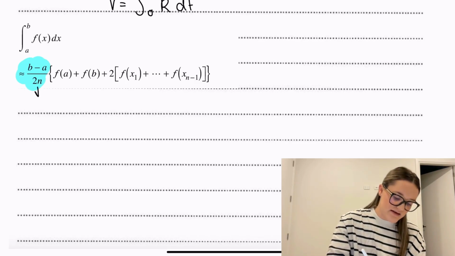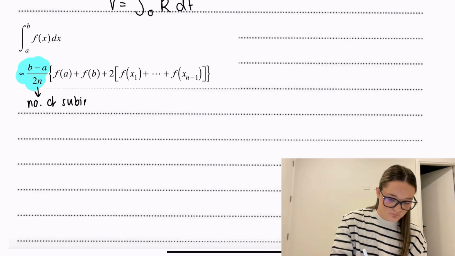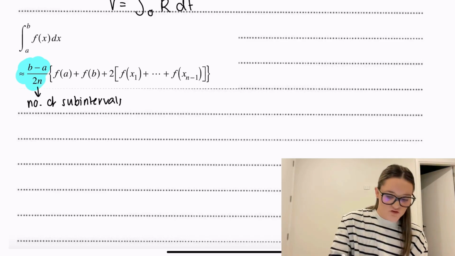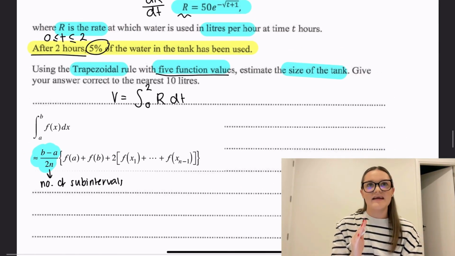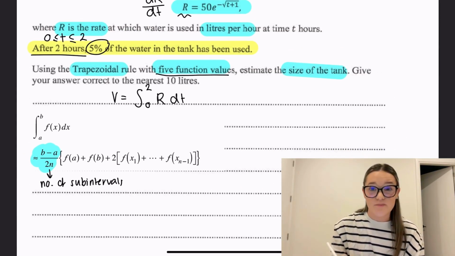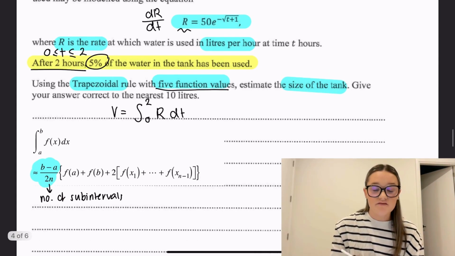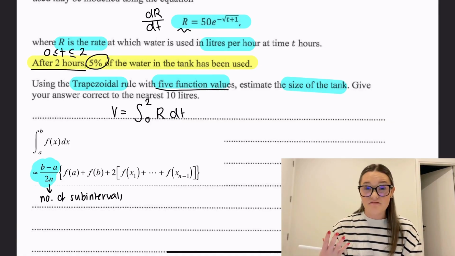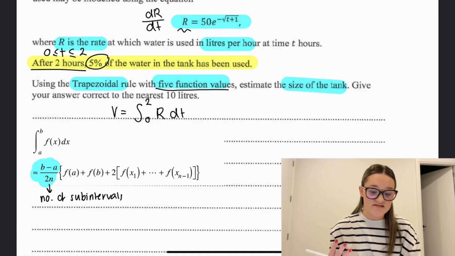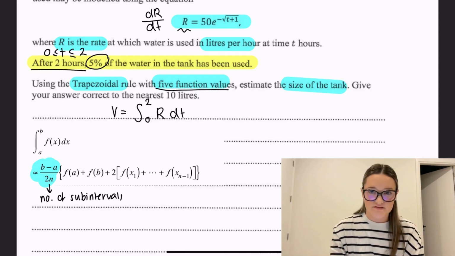Now n here is the number of sub-intervals. We can always think about it this way: the number of sub-intervals is always going to be 1 less than the number of function values that you have. So here, if I have 5 function values, I'm going to have 4 sub-intervals. So with 5 actual endpoints to my trapezoids, I'm going to get 4 trapeziums.